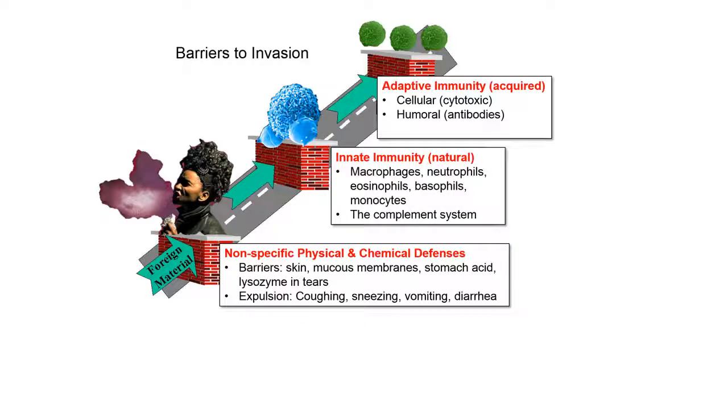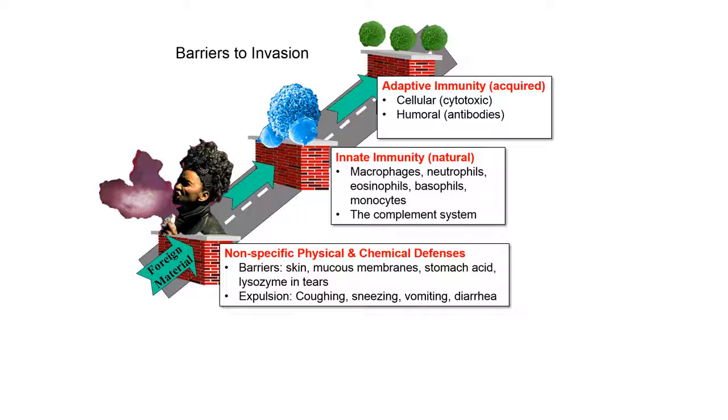Then this is basically the same slide, but shown in a sequence, barriers to invasion. So imagine that there is a foreign material, or we say foreign antigen. It attacks you, and it encounters the first line of defense. Barriers, skin, mucous membranes. Stomach acid, by the way, also wonderful barrier.